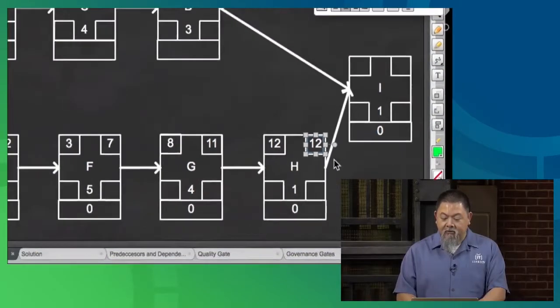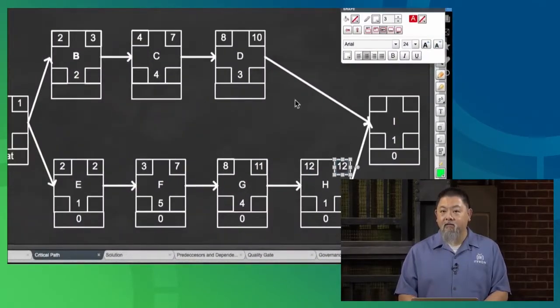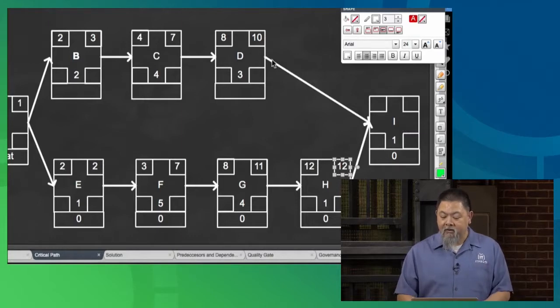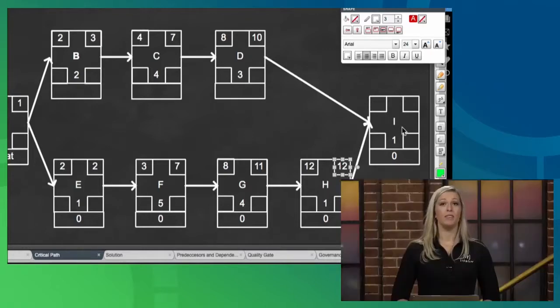So now I have day 10, and I have day 12. Task I is dependent upon both. Remember, the start to finish relationship says that task I can begin once the preceding tasks are complete.